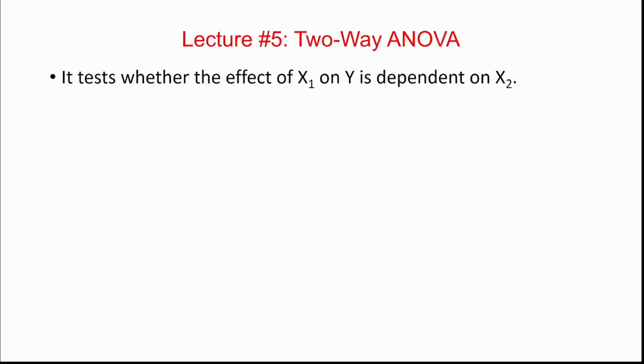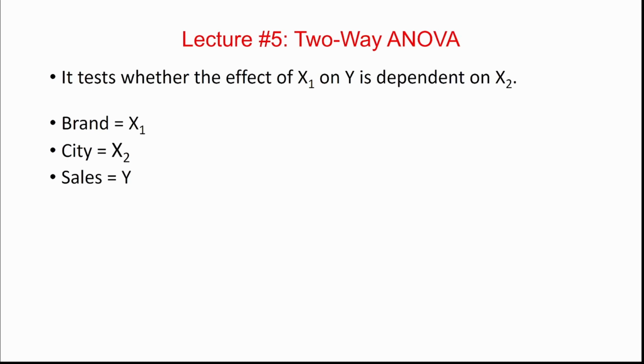Basically, it tests whether the effect of one independent variable on y depends on another independent variable. I know this is a mouthful, but let me explain. I will use an example to make our life easier.